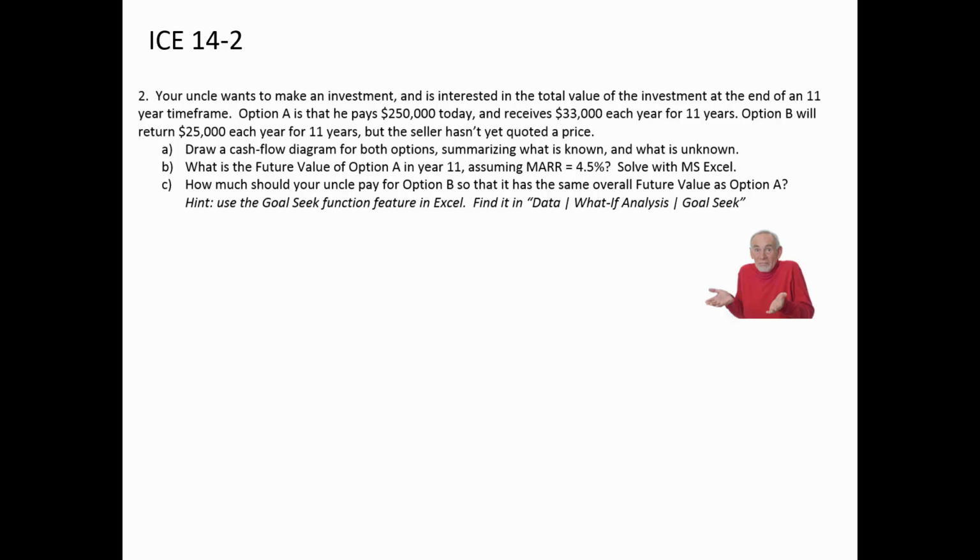GoalSeek asks 3 questions when you start to use it. What are the 3 things GoalSeek wants to know? Okay, which cell to change? All right. It wants to know what is the goal?